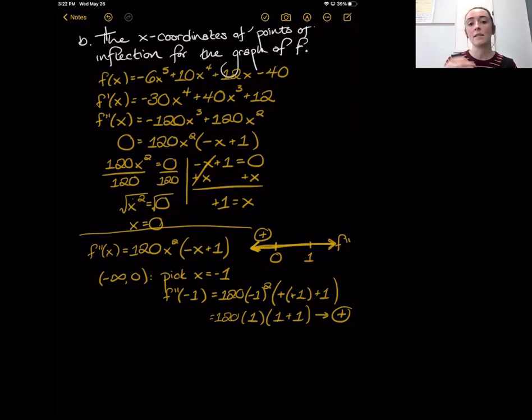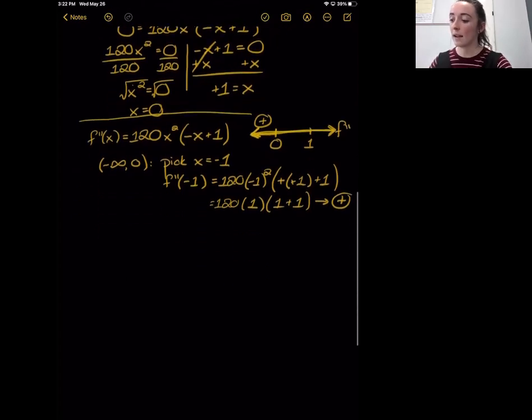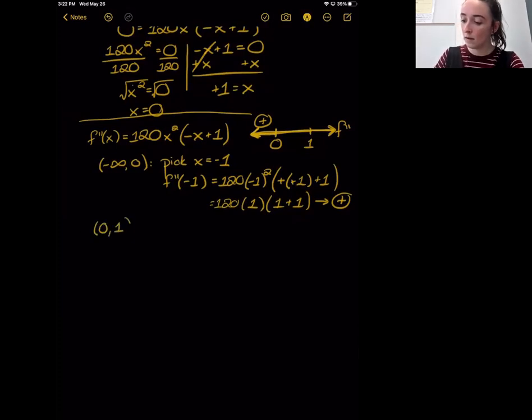Now we'll repeat that same process with our two remaining intervals. So next up, we have the interval from 0 to 1. Now, there are no whole numbers in between 0 and 1. I have to pick a fraction. I think the easiest fraction to work with is going to be 1/2. So I'll choose x equals 1/2.